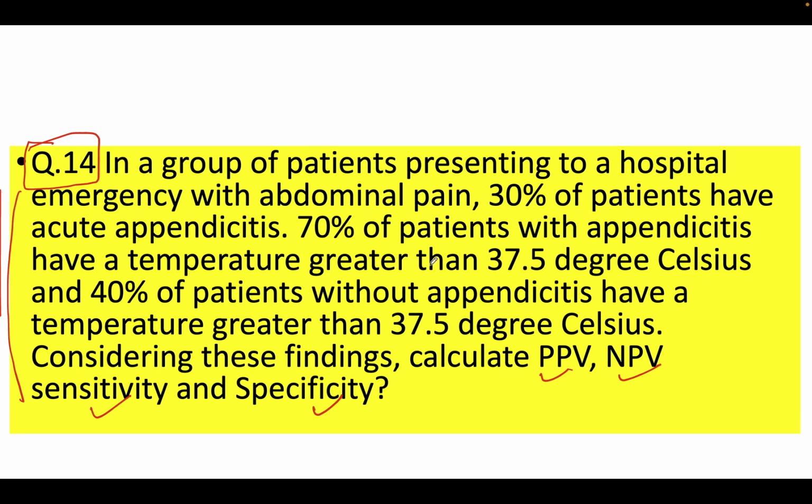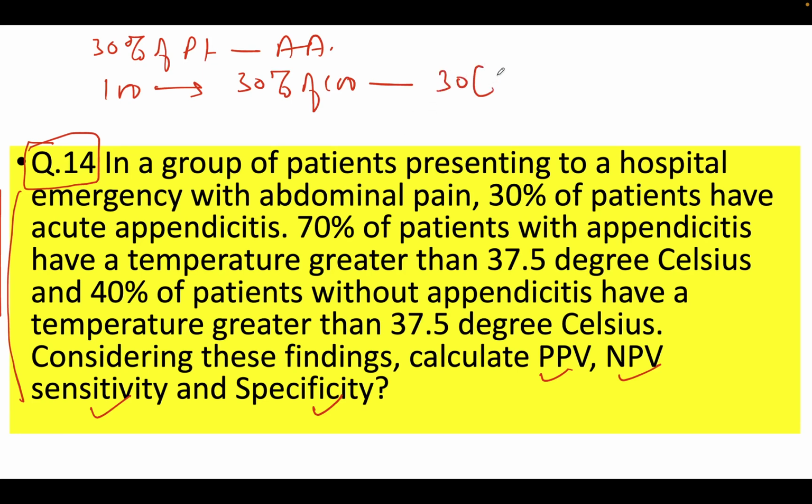So in this slide, I'll try to extract the information first from the question. In a group of patients presenting to a hospital emergency with abdominal pain, 30% of patients have acute appendicitis. Now, if I take a population of 100, 30% of 100 will suffer from acute appendicitis as given in the question.